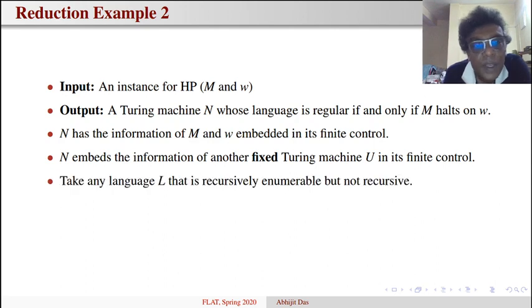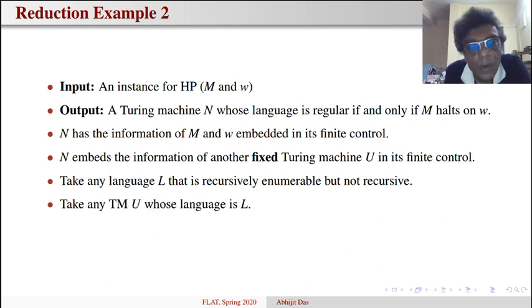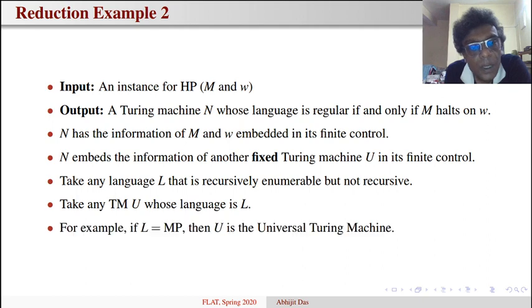defined? Take any language L that is recursively enumerable but not recursive. We have seen quite a few examples of such languages: the halting problem, the membership problem, and two other examples. So in particular, we can take L equal to the membership problem, in which case this U stands for the universal Turing machine.